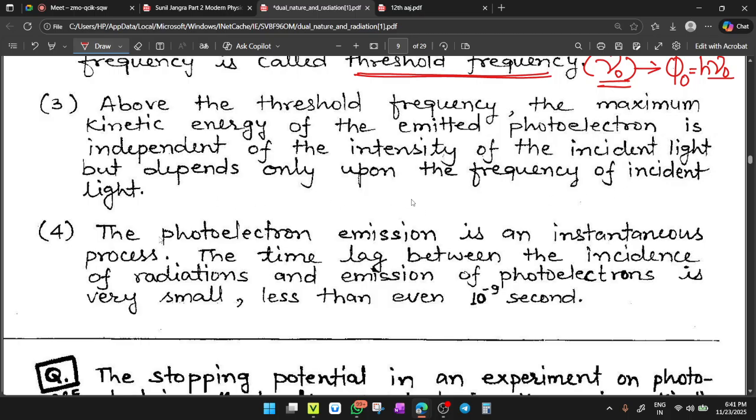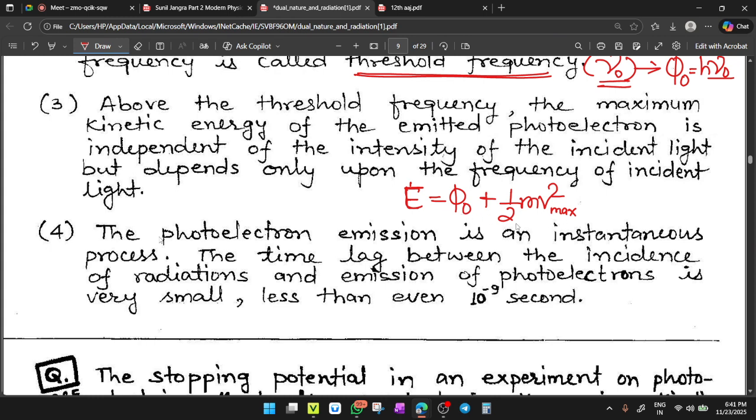Yesterday I showed you that the total energy of the radiation is E. This energy is contributed in two parts. First, to supply the energy as a work function to remove the electron from the surface, and the remaining energy is contributed as the maximum kinetic energy of the fetched out electron.